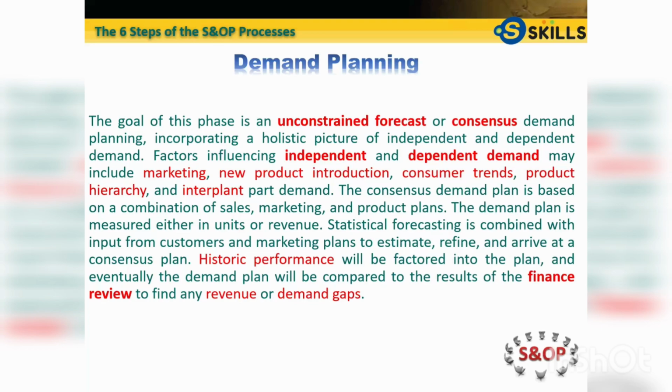The demand plan is measured either in units or revenue. Statistical forecasting is combined with input from customers and marketing plans to estimate, refine, and arrive at a consensus plan. Historic performance will be factored into the plan, and eventually the demand plan will be compared to the result of the finance review to find any revenue or demand gaps.